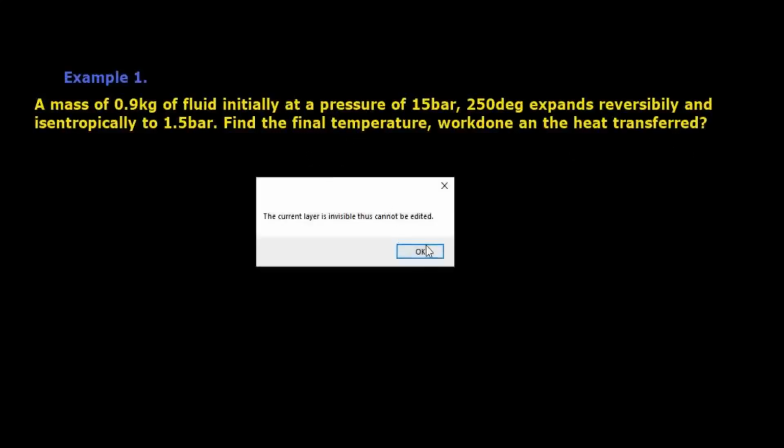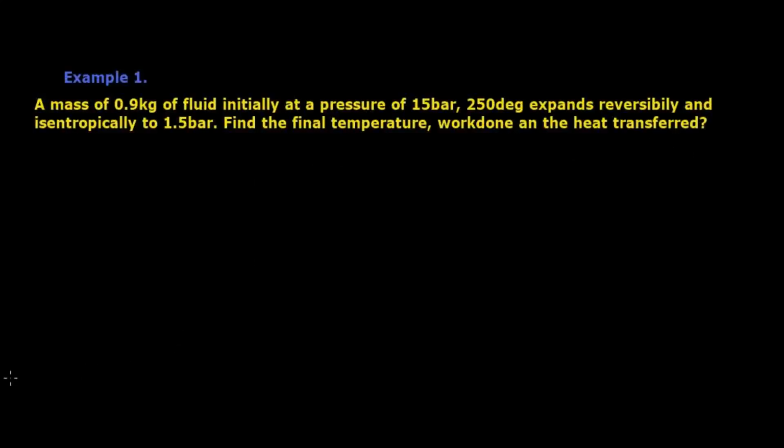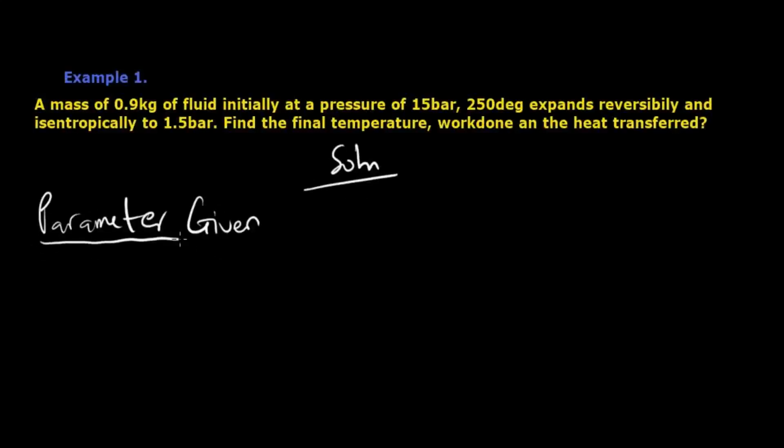So the first thing you do is to bring out your parameters given. Mass is equal to 0.9 kg. Initial pressure, that is P1, is 15 bar.